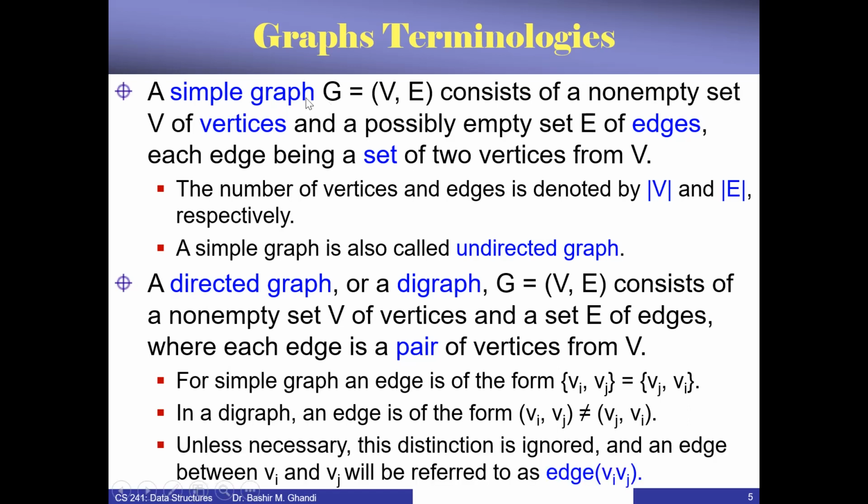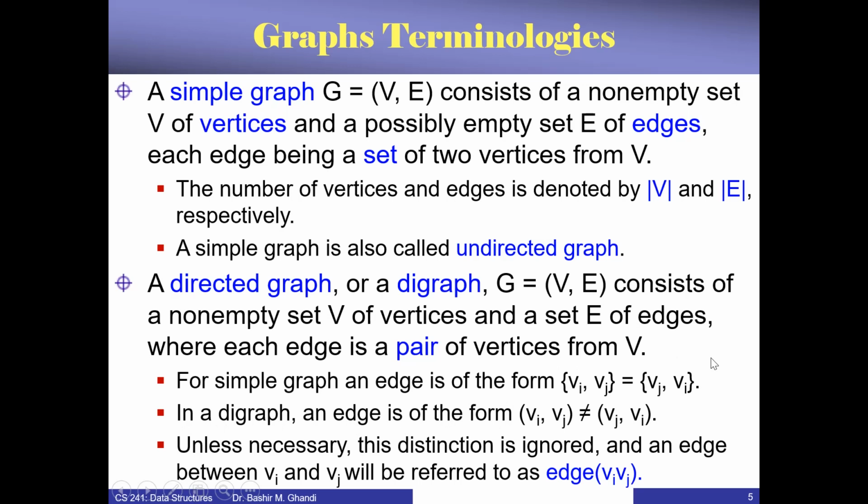So these are the two main types of graphs, directed and undirected. Even though these edges are different depending on the type of graph, unless necessary, this distinction is going to be ignored, and we're going to write an edge between Vi and Vj simply as edge Vi, Vj, without emphasizing whether it is directed or not, unless it is necessary to do so.